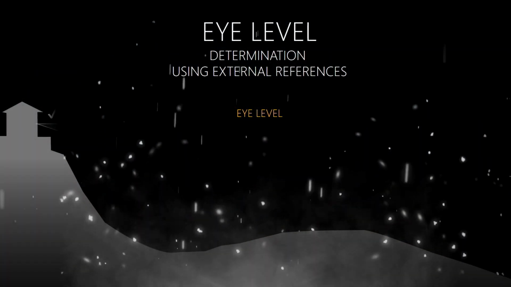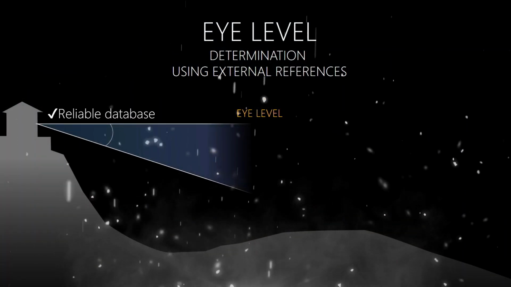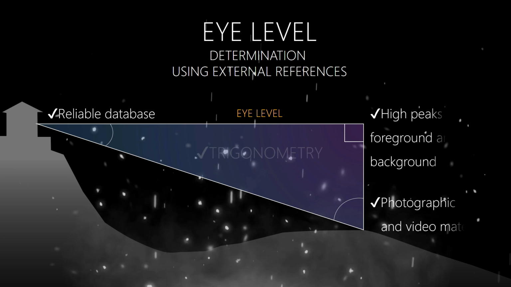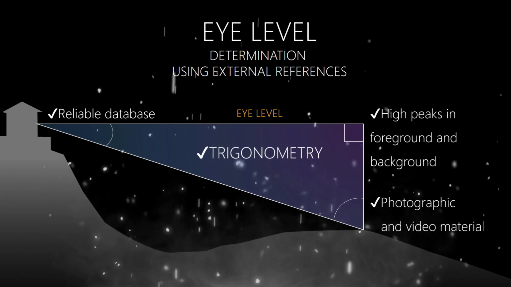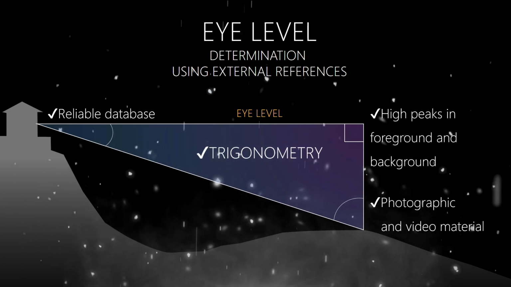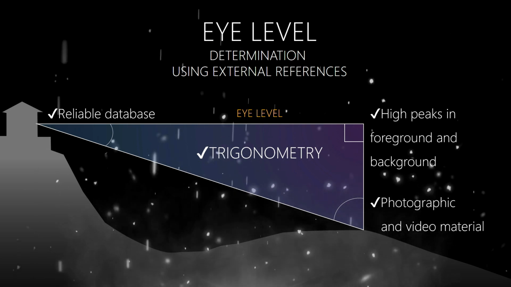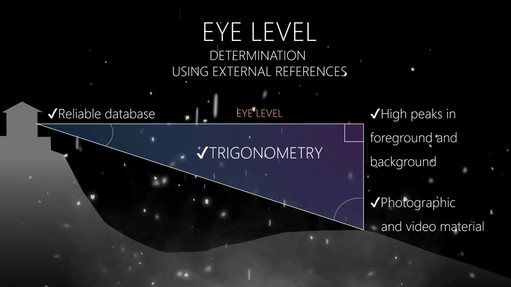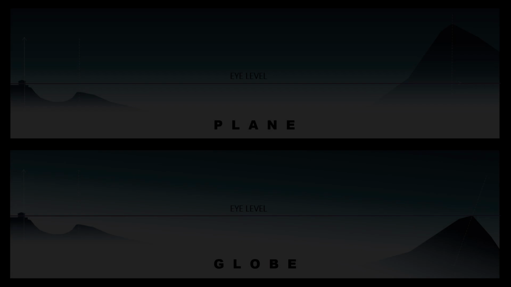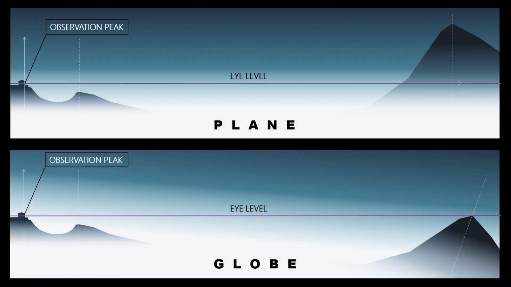Here is a simple but highly effective method for determining eye level in any panorama that has a Haleakala-like configuration. The observation point must be a high peak to obtain long-range visuals.